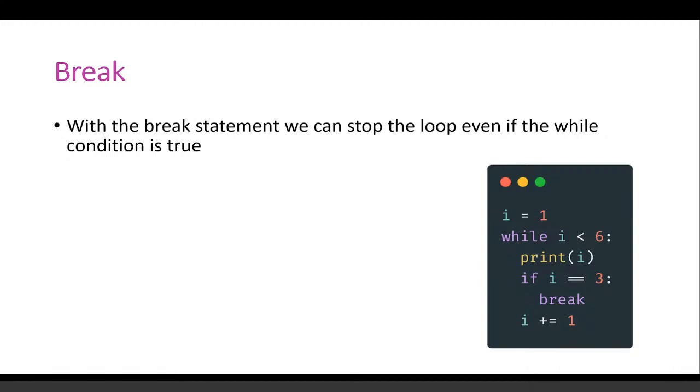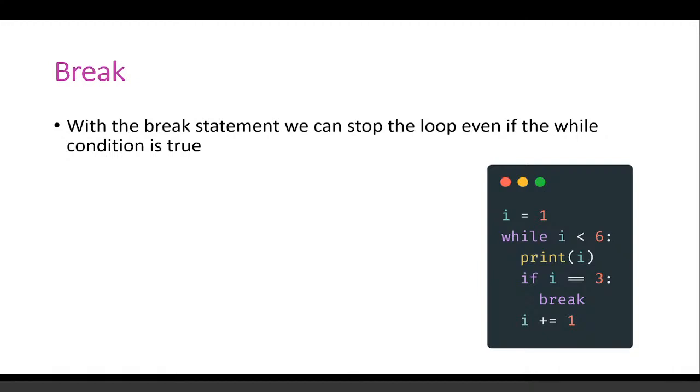So in this case, what we have here is i equals 1, while i is less than 6, print i. If i equals 3, then break. And then i plus equals 1. So the first time through this loop, i is 1.